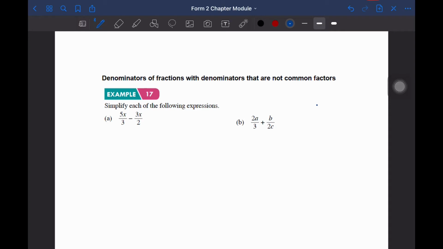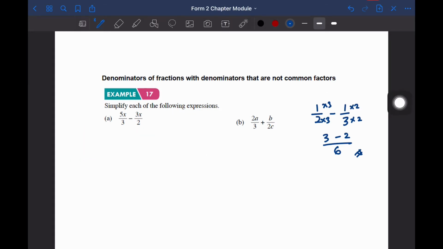For example, you have 1 over 2 minus 1 over 3. 2 and 3 tak ada pun common factor kan. So apa kita buat? 2 darab 3, 3 darab 2. So we get 3 minus 2 over 6. Ingat lagi tak? So kita buat cara yang sama for both of these problems.